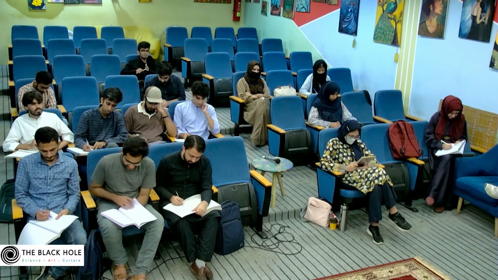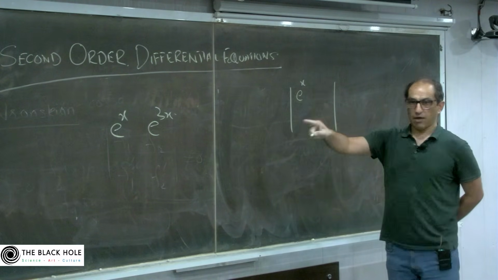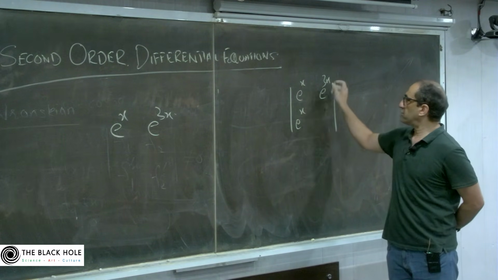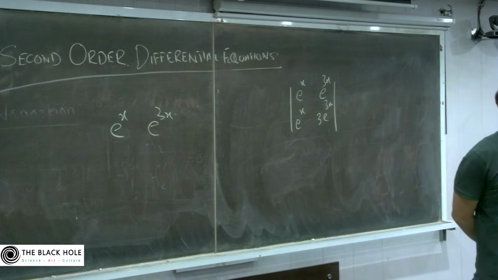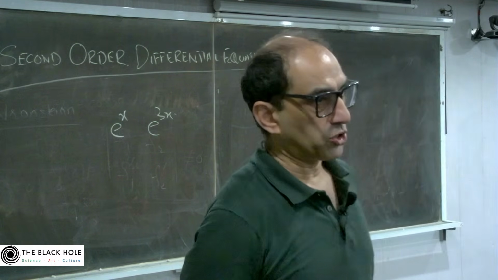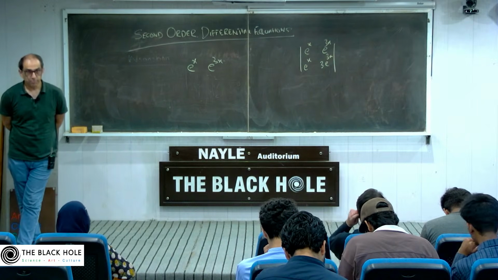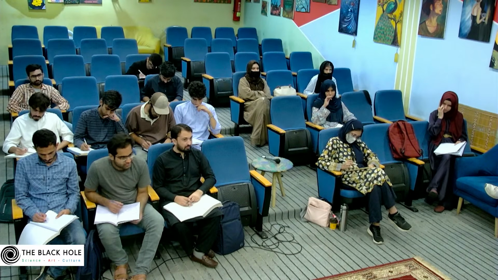So you will write, f1 is e raised to power x, f2 is e raised to power 3x, the derivative of this is e raised to power x, the derivative of this is 3 e raised to power 3x. You take the determinant and convince yourself that it is non-zero, which establishes that these two functions are linearly independent. It can't be 0 because there is a 3 in one place and not in the other, so it's very obvious.